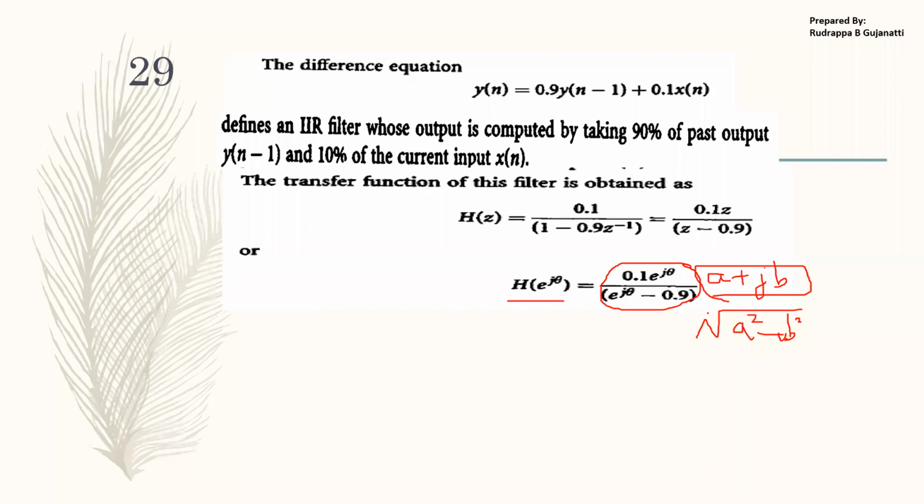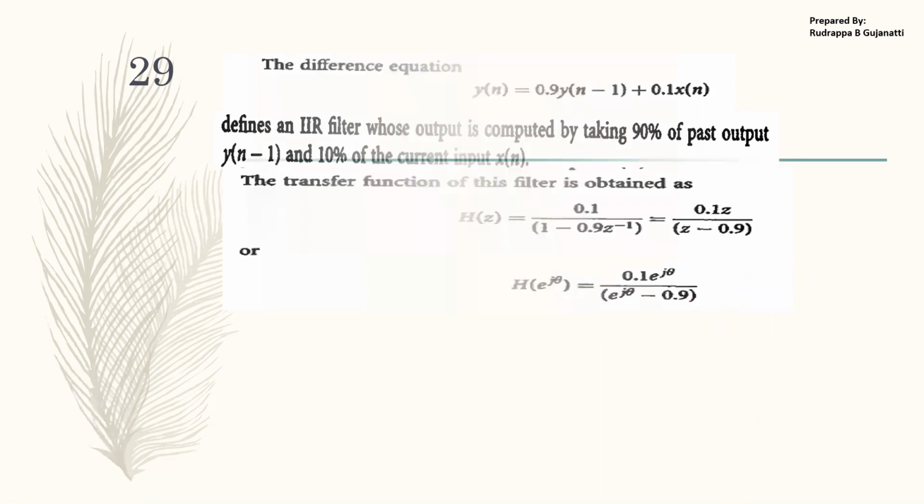And if you want to identify the phase of this, it will be tan inverse of B by A. So first try to represent this equation in this form. Then you can take the square root of A square plus B square and tan inverse of B by A, in order to identify the magnitude and phase response respectively.